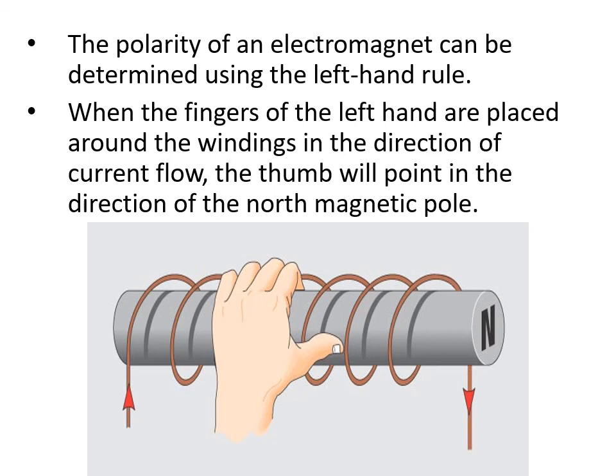So to restate, you grab the coil. You let your fingers grab the coil in a way that your fingers are actually going in the direction of the current around the coil. Your thumb will then indicate the North Pole of the coil.